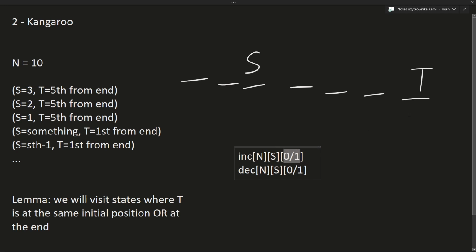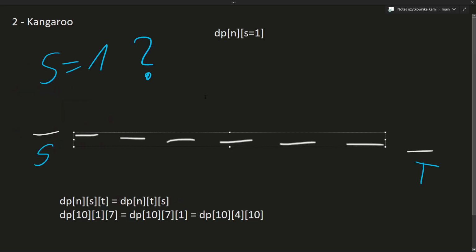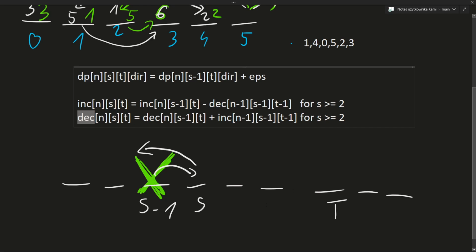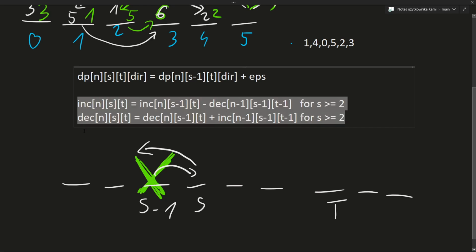Initial means same distance from the end as at the very beginning in the input. Transitions are most of the time constant, because I mainly use those two formulas. Clearly constant, right? The only case where I actually iterate with a for loop in transitions is when s and t are both 1 and n.